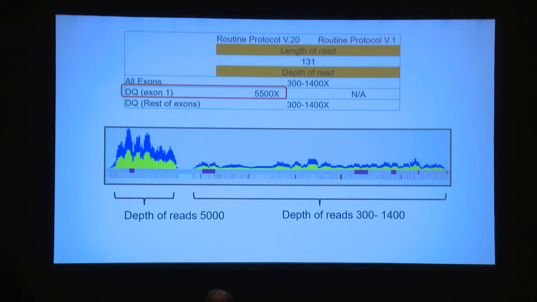And you can see that the number of reads in exon 1 is significantly higher than the rest of the exons. So it just gives you uniformity reads, but at the end it doesn't affect your code, because although you have 5,500 depth in exon 1, you still have from 300 to 1,400 depths in the rest of the exons.